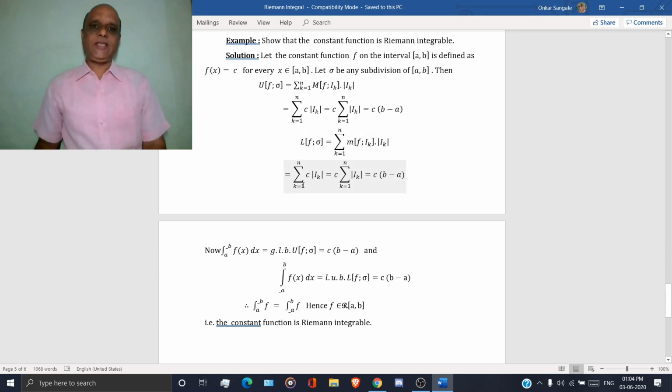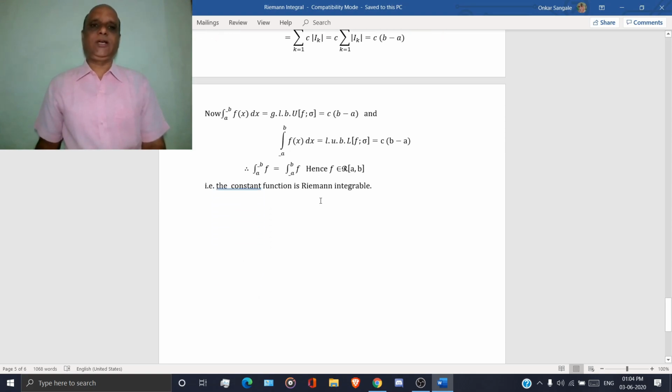Clearly here the summation k equal to 1 to n of small c, since c is the minimum of the function f over the interval I_k, times the length of I_k. Again c is a constant, we take it outside the summation sign, so c times the summation k equal to 1 to n of the length of I_k. Again I_k are the component intervals of the closed interval [a, b], and therefore this summation is the total length of the interval, which is b minus a. Therefore this is equal to c times (b minus a).